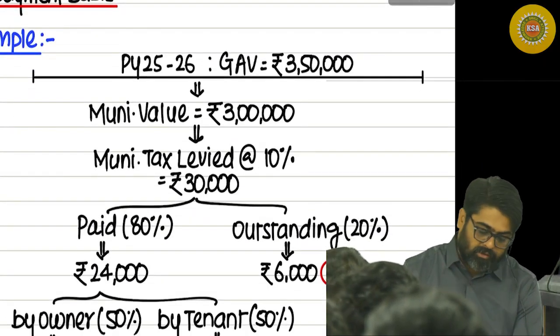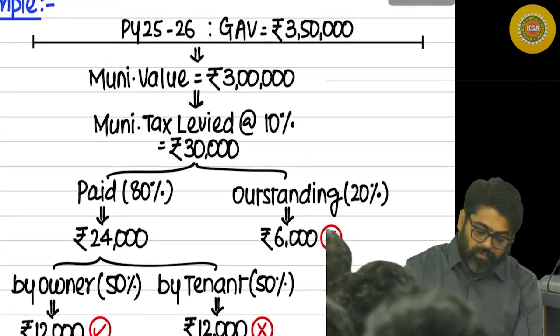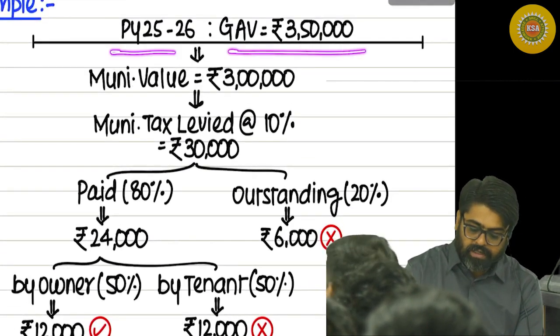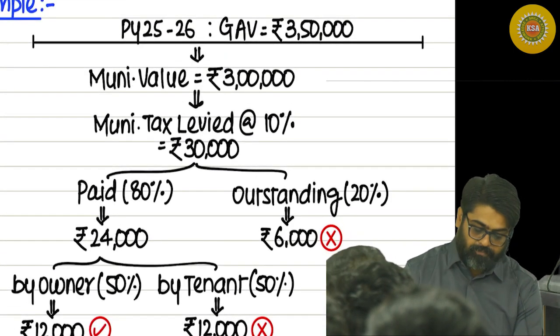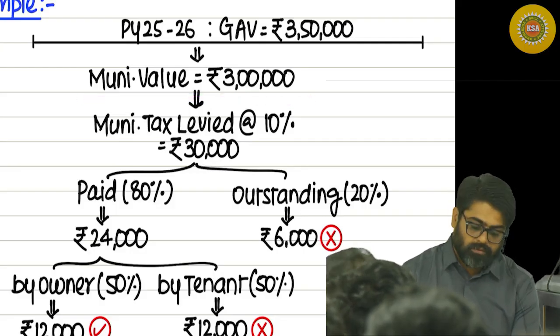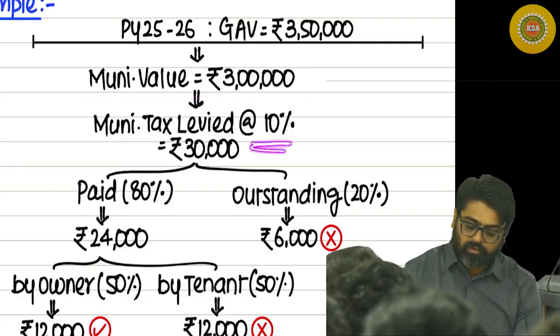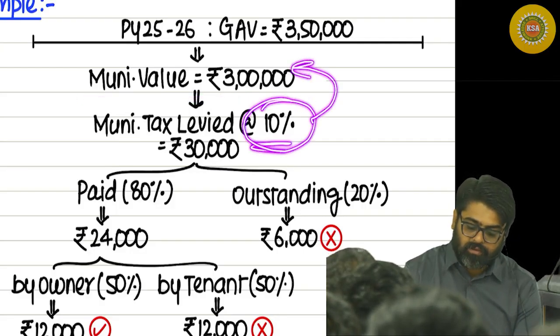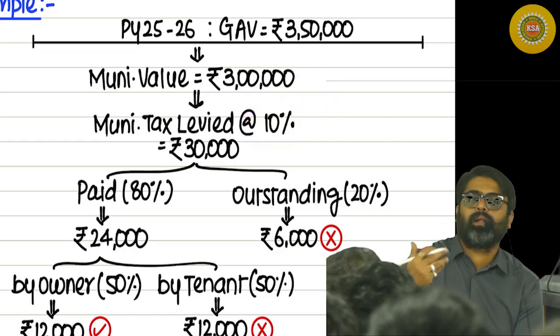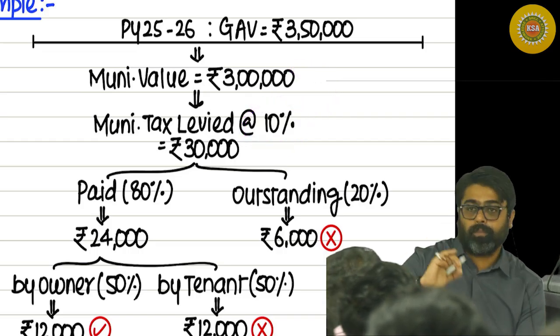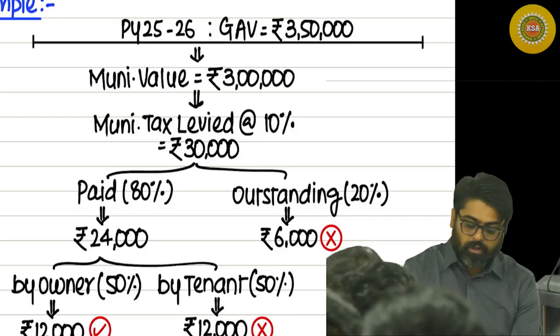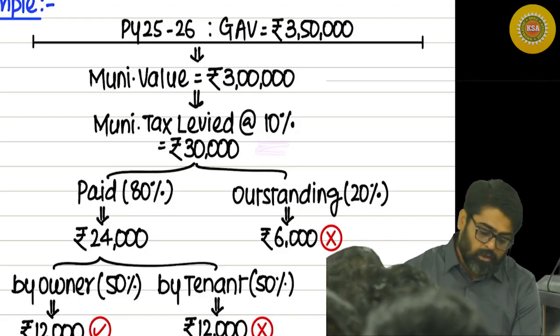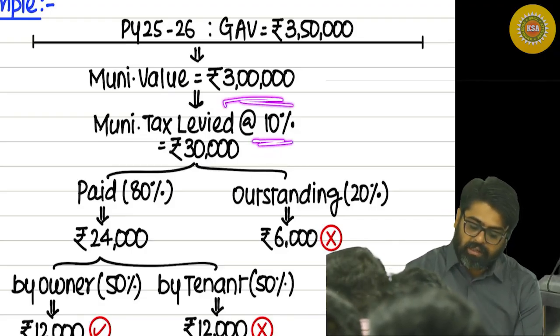Now a few examples. See, if in this year your GAV is 3,50,000 and your municipal value is 3 lakhs. On that, 10% municipal tax is charged. So usually the municipal tax is charged on municipal value by the local authority. So how much will be 10% of 3 lakhs?